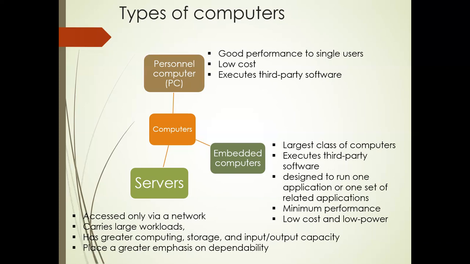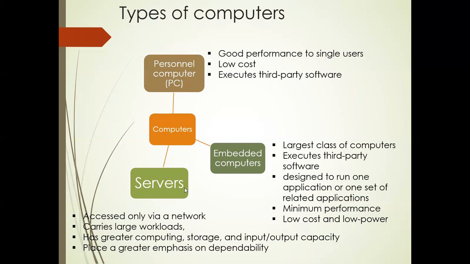It should have minimum performance because usually embedded computers have low resources like RAM and CPU power. It should be low cost because it should be used everywhere. For example, in smartwatches, in your washing machines, in your cars, etc. So it should be low cost, and it should consume low power. Most of them are low power because they are usually battery powered.